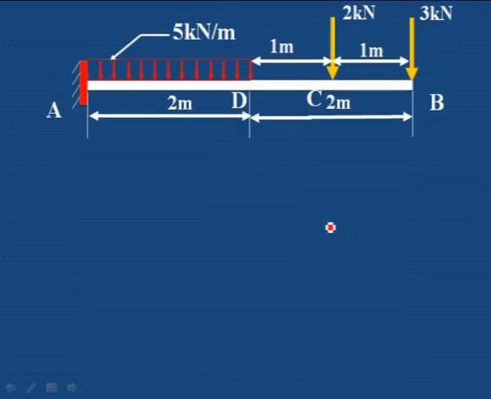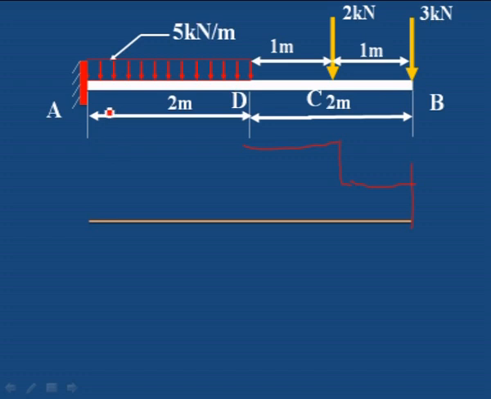Let us draw the shear force and bending moment diagram. First draw the horizontal line, and then see how this diagram will be. First, 3 kilonewton is the vertical line, and then no load from here to here, so a horizontal line. Then 2 kilonewton is added, so it becomes 5 kilonewton, and no further load is there.